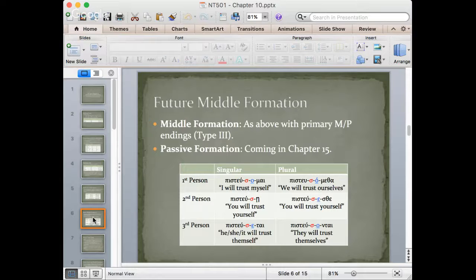I want you to begin to see these now, because for type 2, type 4, it will matter. We're big kids now in Greek, so we can begin to see some of this and see the continuity. So, okay, that's the future.